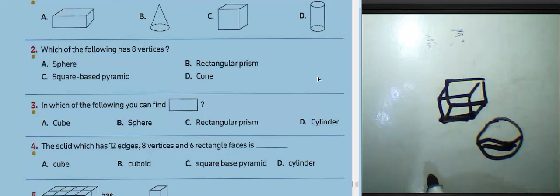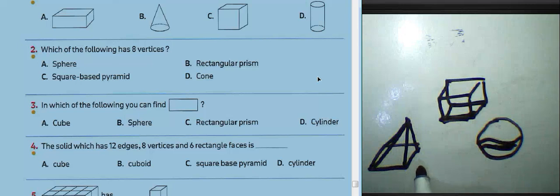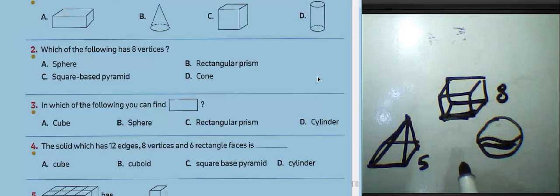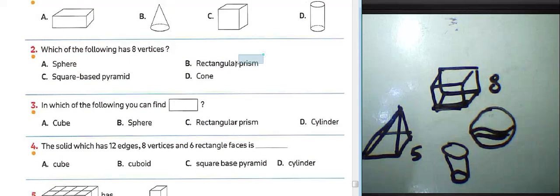Square based pyramid, such as this figure, we have 5 vertices here and here 8 vertices. And the cylinder, we haven't any vertices, so we must choose here rectangular prism.